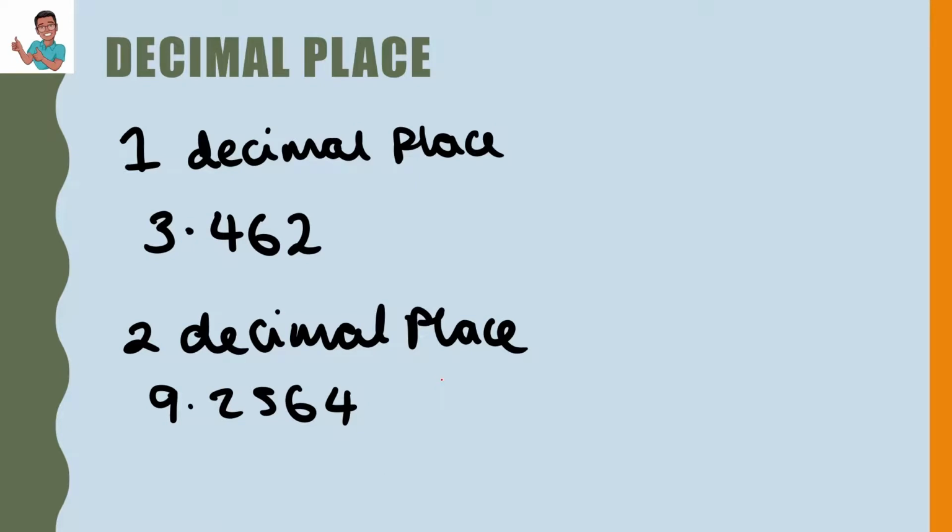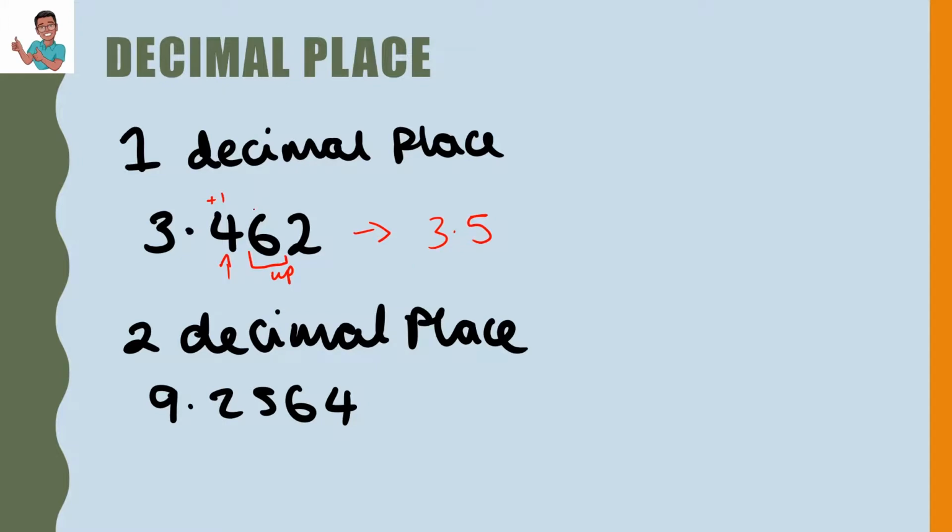Okay, let's see how we round with decimal places. The following is asking me to round 3.462 to 1 decimal place. That is here. We focus on the 6. 6 rounds up. So we add 1 to the 4, giving us 3.5.